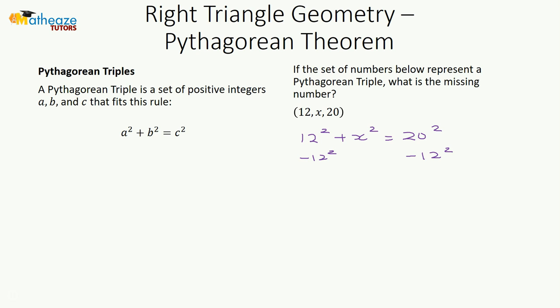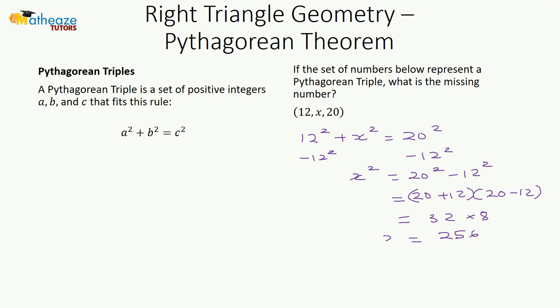So x squared is equal to 20 squared minus 12 squared. So let's apply the difference of two squares. It's going to be 20 plus 12 times 20 minus 12, which is going to give us 32 times 8, which is 256. So x squared is 256.